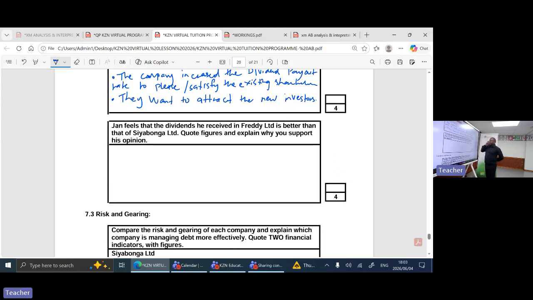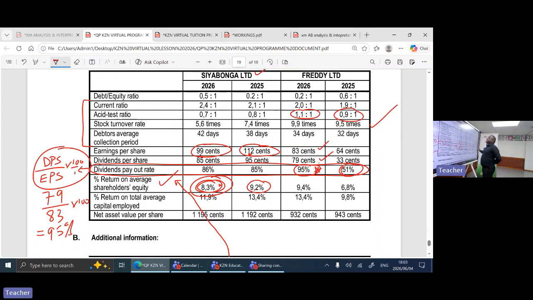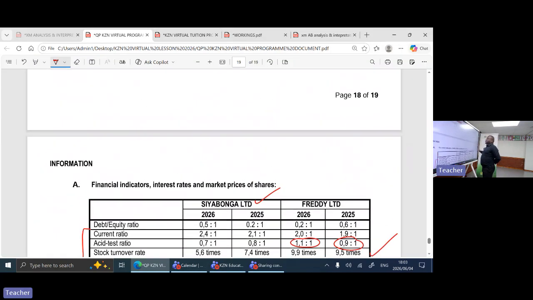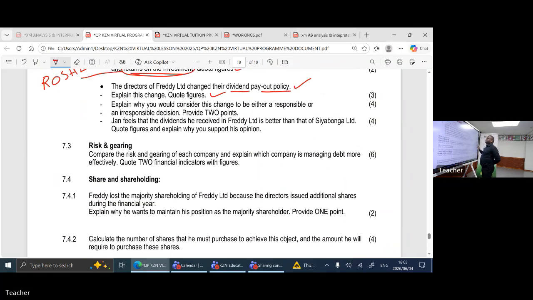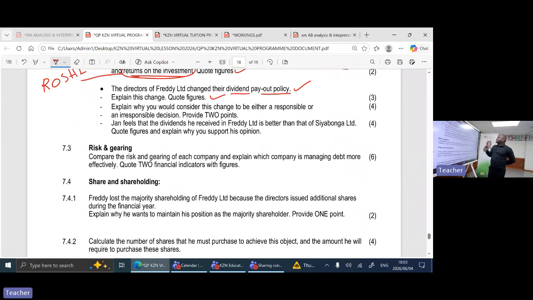Moving on to the next one. Let's read the question from the question paper. It says that Jen, remember, is our shareholder, right?